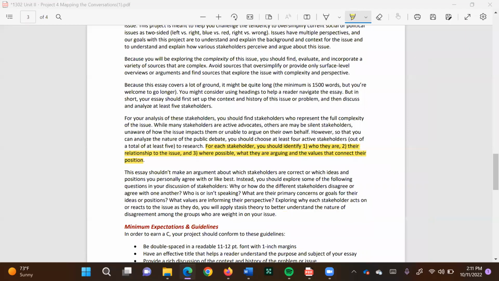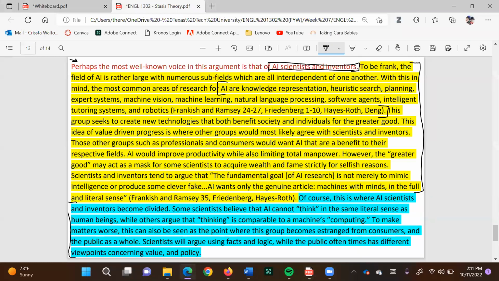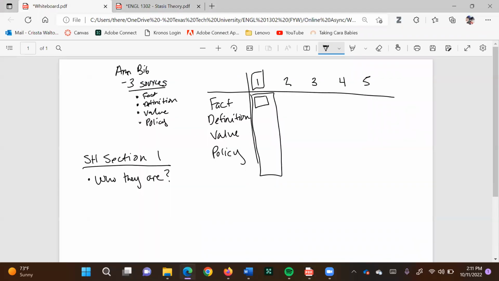And then we want to make sure we talk about their relationship to the issue. How are they connected to this issue? So if we go back here, we can ask, what is their relationship to the issue?